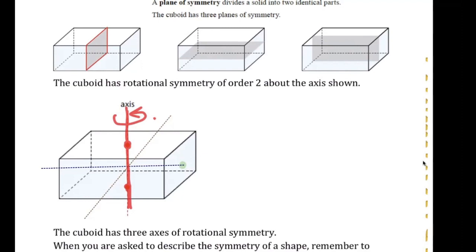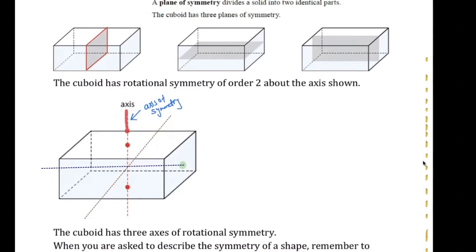So it has rotational symmetry, and this rod is considered the axis of symmetry. So one of the axes of symmetry is this.